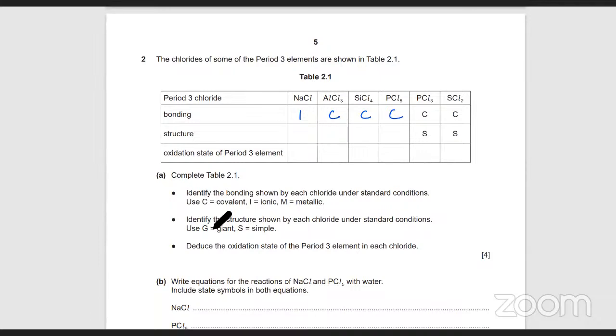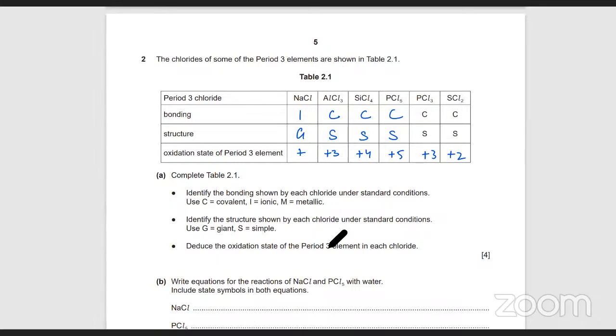G लिखा हुआ है giant. It's a giant ionic lattice. The rest are all simple covalent. Simple, yes. Oxidation states that this is +1, this is +3, +4, +5, +3, and this is again +2.